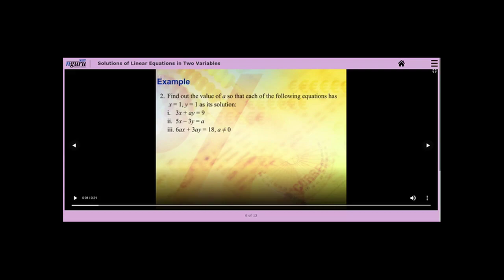A will be 9 minus 3. Correct? You just have to substitute the values, 1 for x and 1 for y, and simplify, you get the value of a. Okay?